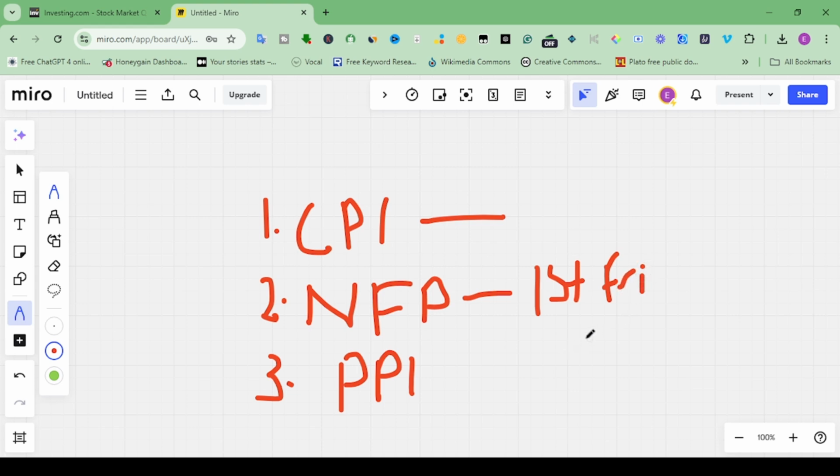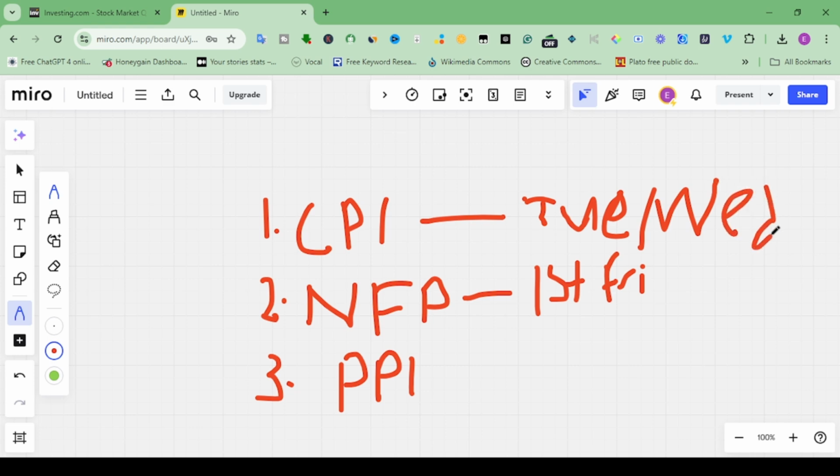The CPI comes out the following week, sometimes on Tuesday or Wednesday.